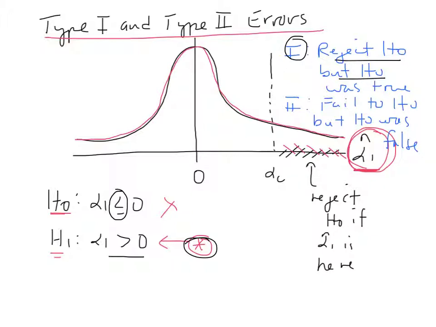That's when we would fail to reject H0. That is to say, we would claim that in fact alpha 1 was less than or equal to 0, when in fact our pet theory that alpha 1 greater than 0 was true. Okay? So rejecting H0 when H0 is true, type 1 error. Failing to reject H0 when H0 is false, type 2 error, right?